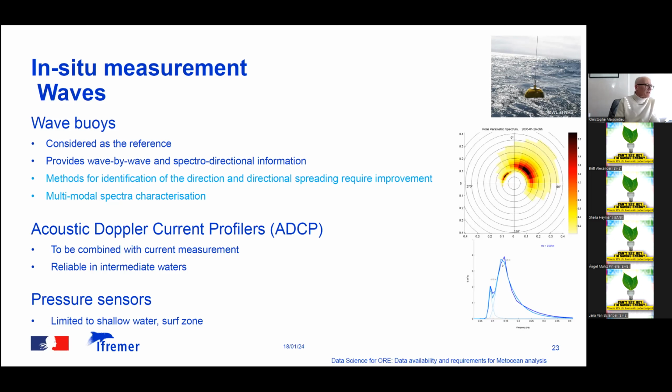We can also use pressure sensors, but these are really limited to shallow water areas. So, these elements are just a limited list of what is really available, but these are the most widely used systems.